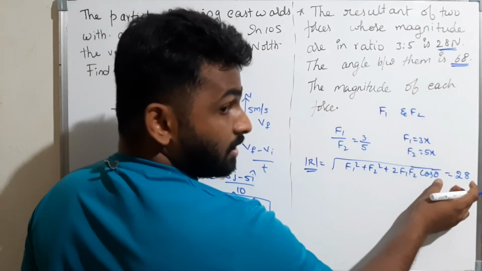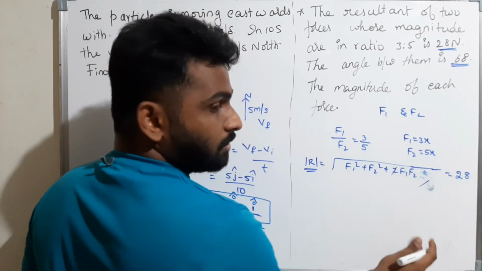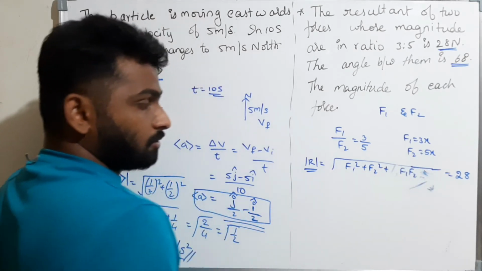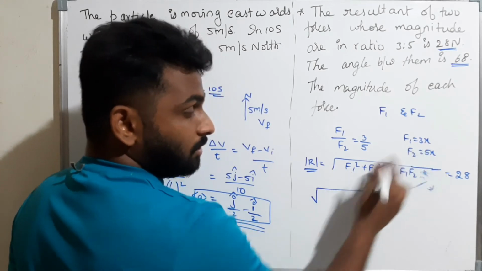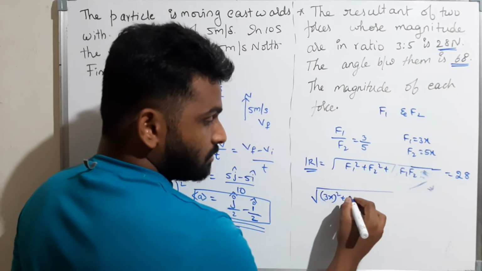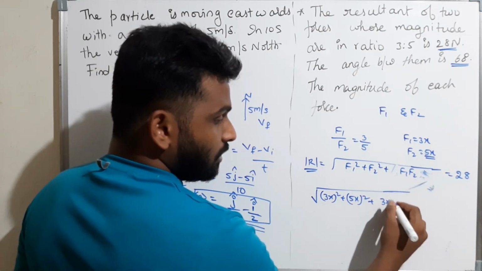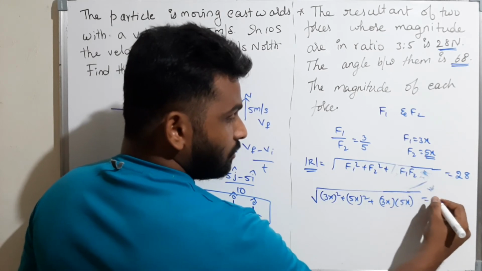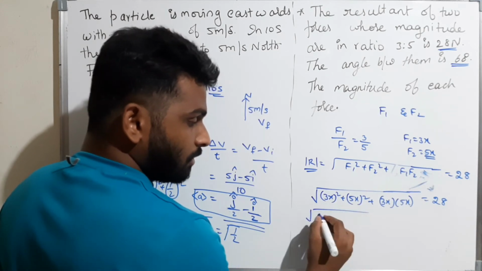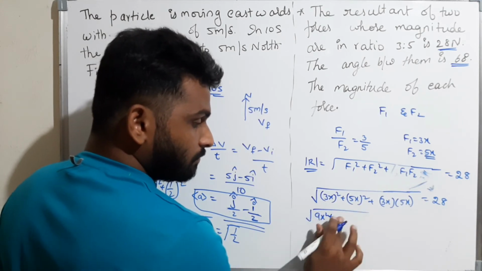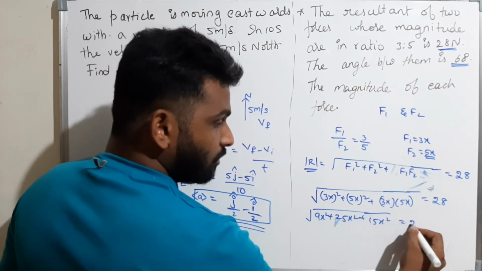Cos 60 is 1 by 2, so the 2 and the 1 by 2 cancel off. Therefore, F1 is 3x whole square plus F2 is 5x whole square plus 3x into 5x is equal to 28. 3x square is 9x square plus 25x square plus 3 into 5 is 15x square is equal to 28.